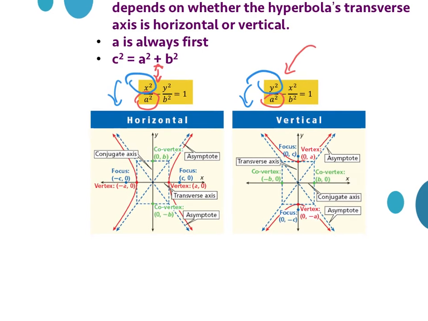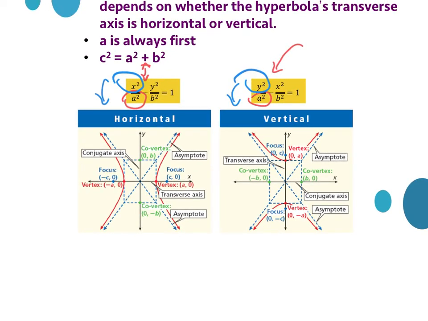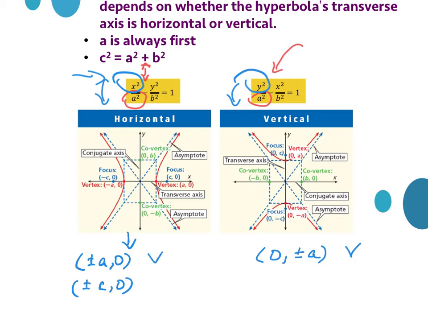To find your vertices, when the center is at 0, 0, and when it's horizontal, your vertices are going to be located at plus and minus a, comma 0, and your focus is going to be plus and minus c, comma 0. Because the a and the c are in the spot of the first letter that you see. Over here, your vertices would be at 0, comma, plus and minus a. These are the vertices. These are the focus. And then same thing here with the focus points.